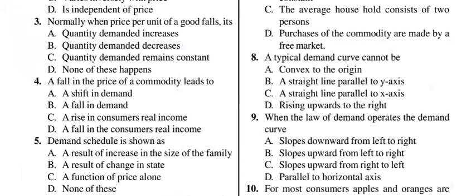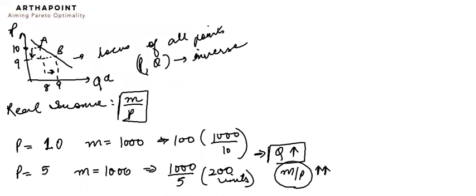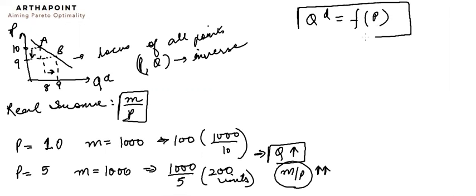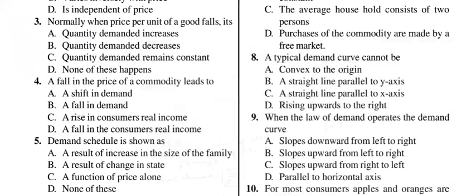So demand schedule is shown as a function of price, right? Because we are showing the demand schedule as a relationship between quantity demanded and price. So how do we show that relationship? We say that quantity demanded is a function of the price of the commodity, and this function is negative. There is a negative relationship between the two. So the answer is C. Let's go to the next question.